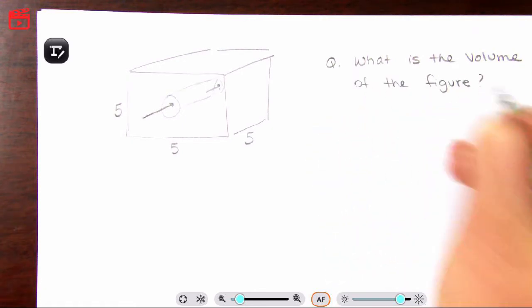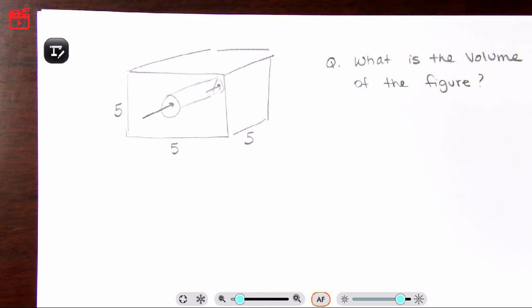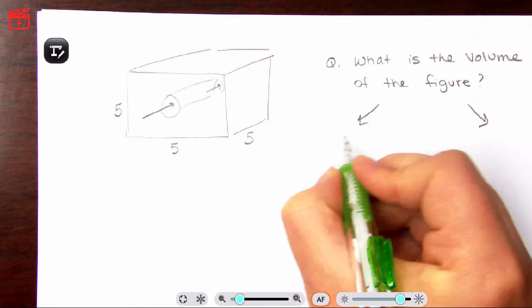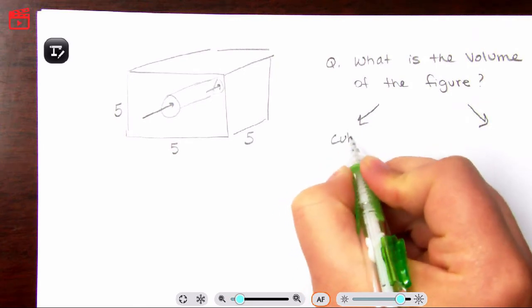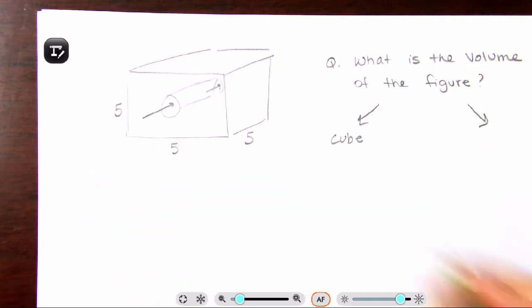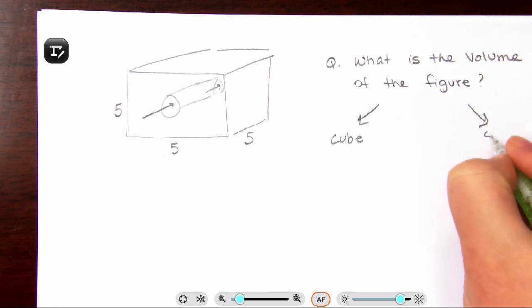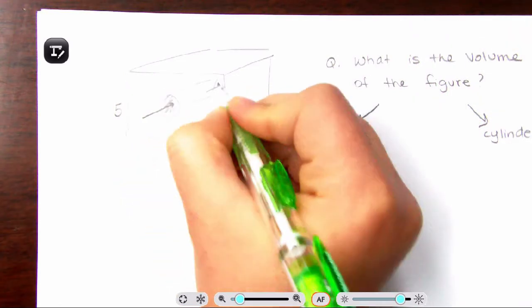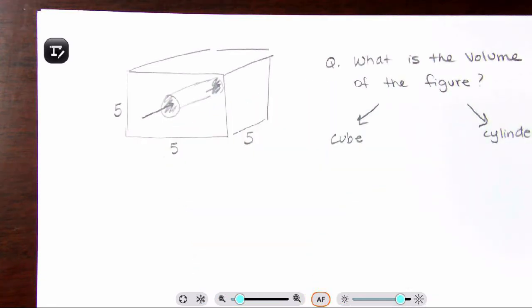And sometimes you'll see what is the volume of the composite figure, but we have two figures. We have our cube, and I know it's a cube because all of the sides are the same, and we have our cylinder. How do I know I have a cylinder? It's because I have a circle for bases.